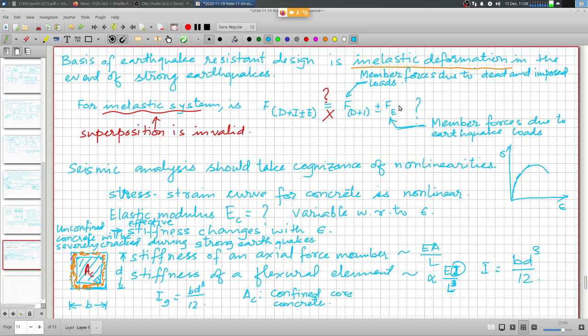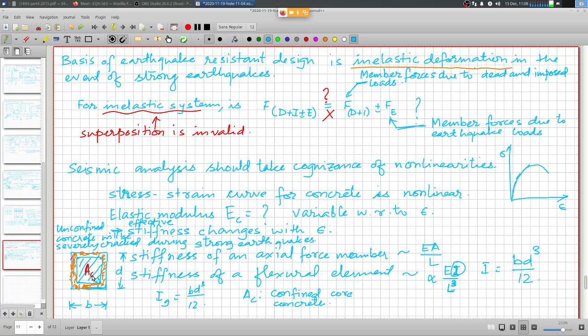That is, in a way, to take account of the increased flexibility in the case of earthquake load, reduced stiffness. So if the stiffness is low, then obviously the forces are also proportionately decreased.